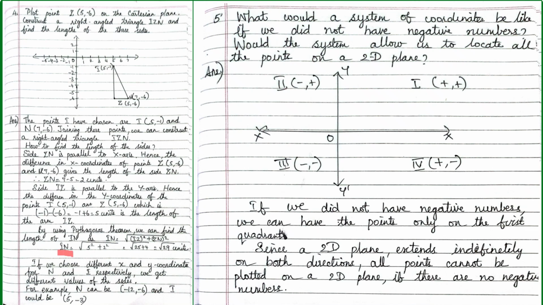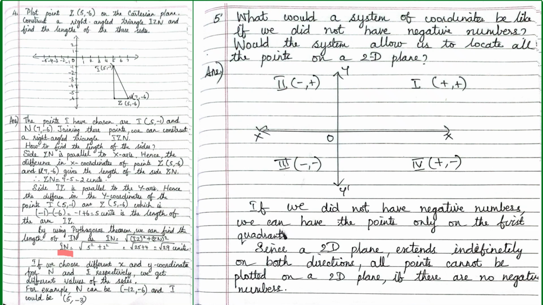So only the coordinates of Z are given. The coordinates of I and N we are expected to choose as per our convenience. I have chosen these 2 points. So the values of I and N could be different also. It need not be parallel to any of the axes also.